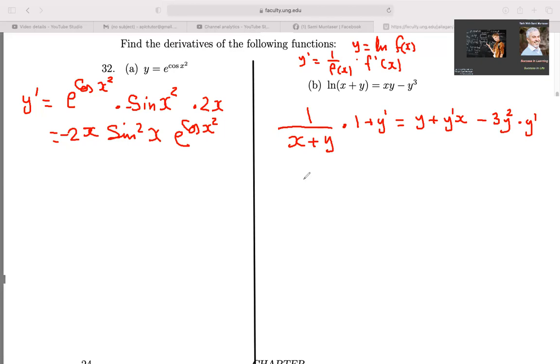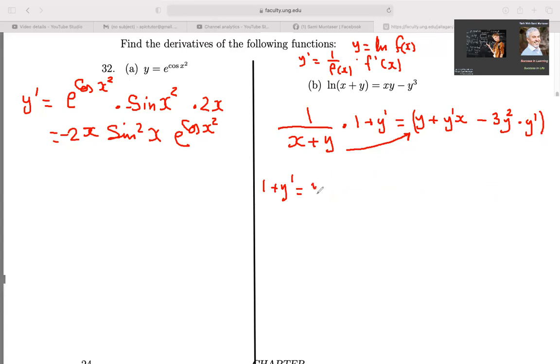Now at this stage, we've got to solve for y prime. And the way we're going to do this, I think the first thing I'm going to do is cross multiply the x plus y to all of this equation right here. So 1 plus y prime equals, and I'm going to multiply that and all of this.